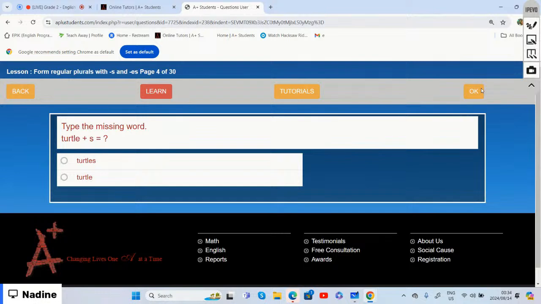Turtle. Turtle plus S. Is it turtles or turtle?